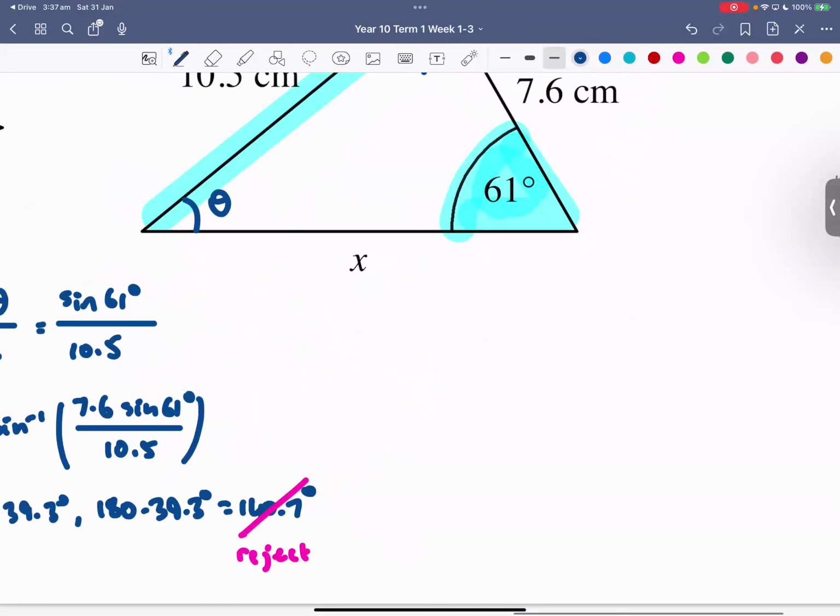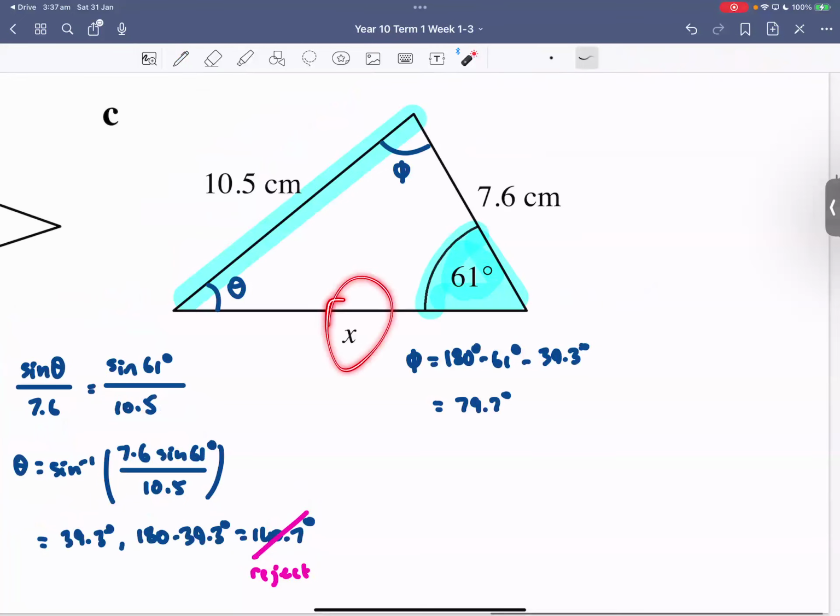All right. Phi is 180 degrees minus the 61 degrees minus the 39.3 degrees that you told me, which is 79.7. And finally, I can work out my missing side, because now I have the angle opposite that.